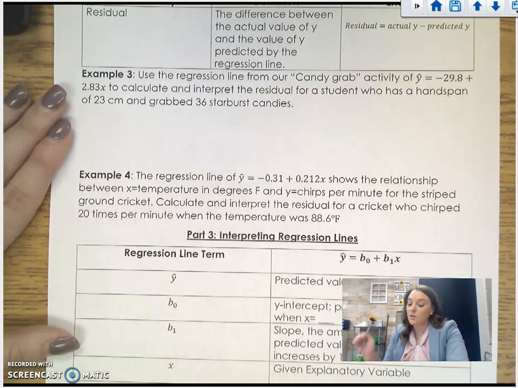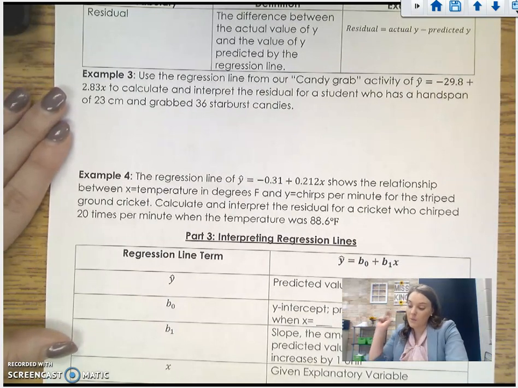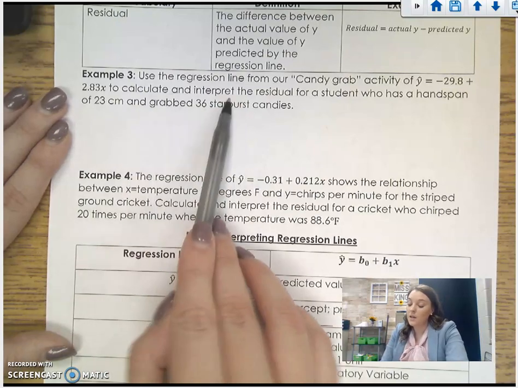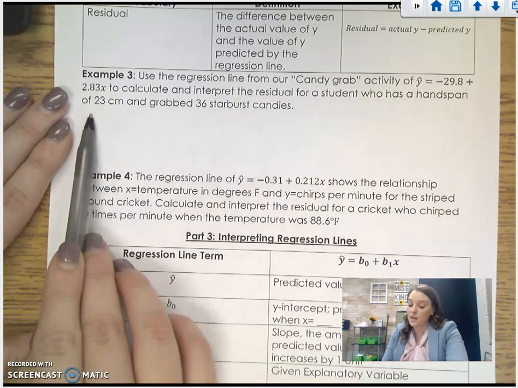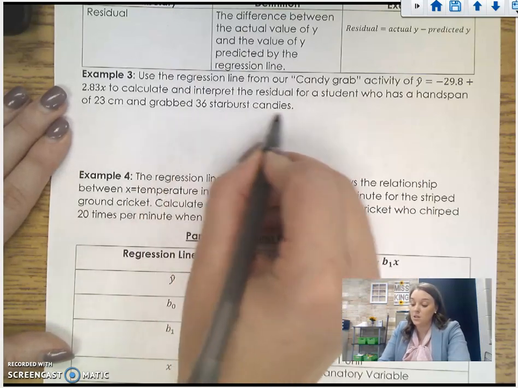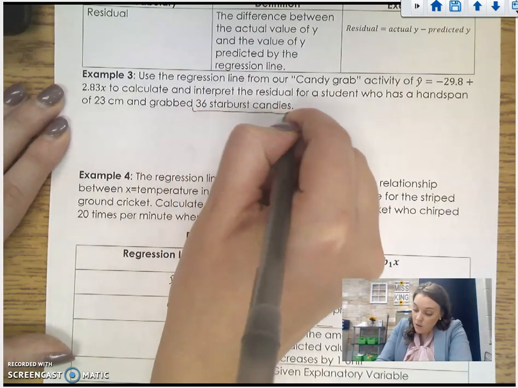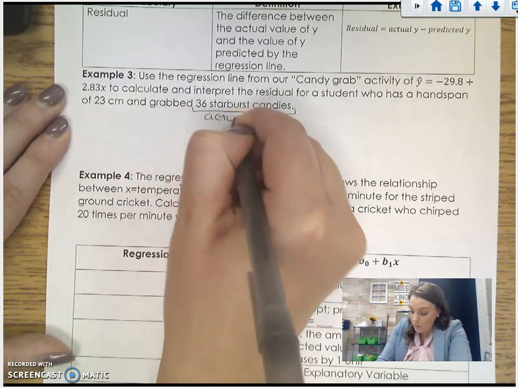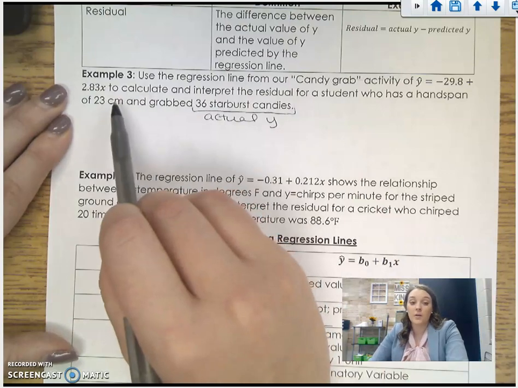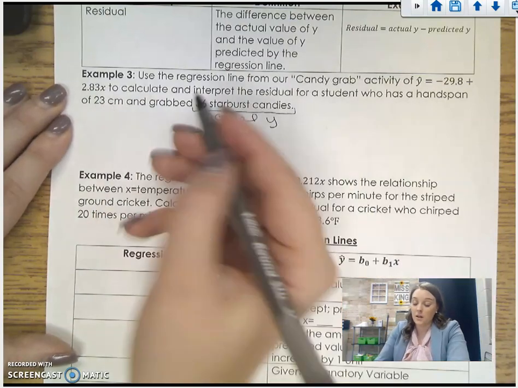Example number 3 says use the regression line from our candy grab activity, same regression line, to calculate and interpret the residual for a student who has a hand span of 23 centimeters and grabbed 36 Starburst candies. So this is going to be their actual y, and we need to calculate the predicted y based on their hand span.